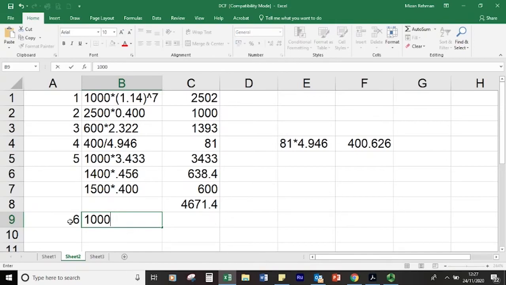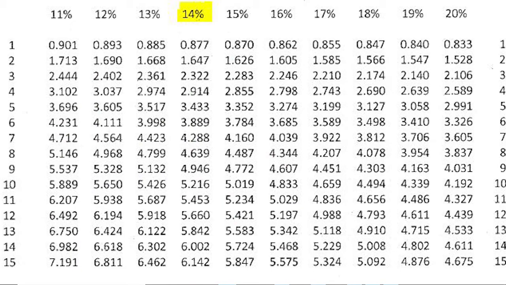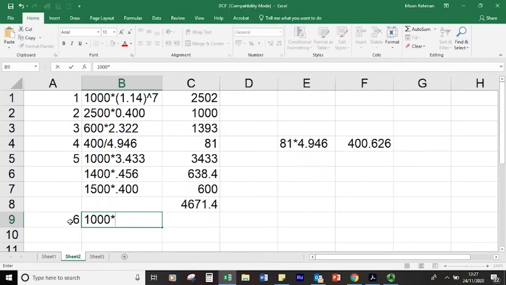So that is an annuity. 8 years under 14%. Annuity table, not present value, 4.639. Then I'll be paying 300 in year 9 and 10.